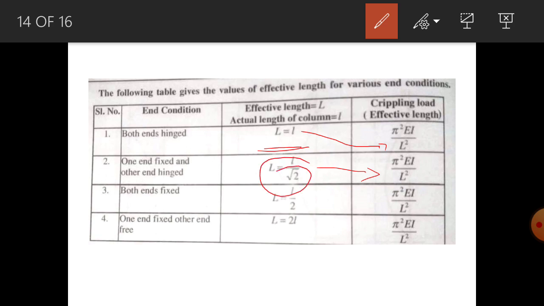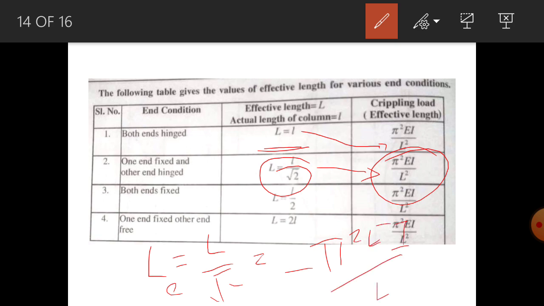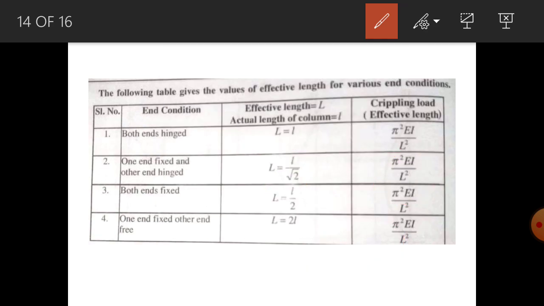Calculate this first L. If they say one end is hinged and one end is fixed, calculate the L, that is the effective length, that is L by root 2. Calculate the value and substitute in this formula, that is pi square EI by L square. Remember this and only this.